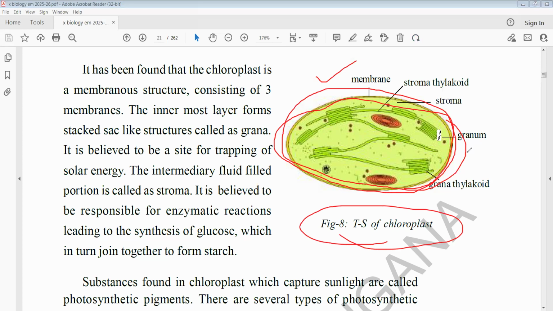When you go inside, there are grana thylakoids and stroma thylakoids. The grana thylakoids are present one above another, and together they form the grana thylakoids. The thylakoids present in the stroma are called stroma thylakoids. Usually stroma thylakoids are single lamellae, whereas grana thylakoids are multiple.